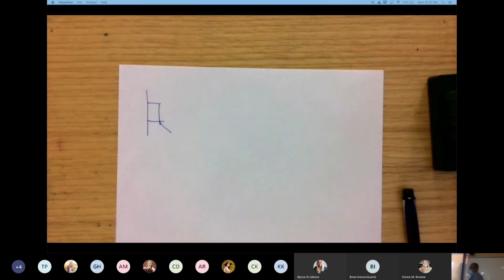So you are basically doing this. You're pushing up and you are preventing this book from falling down. I want you to draw the free body diagram.